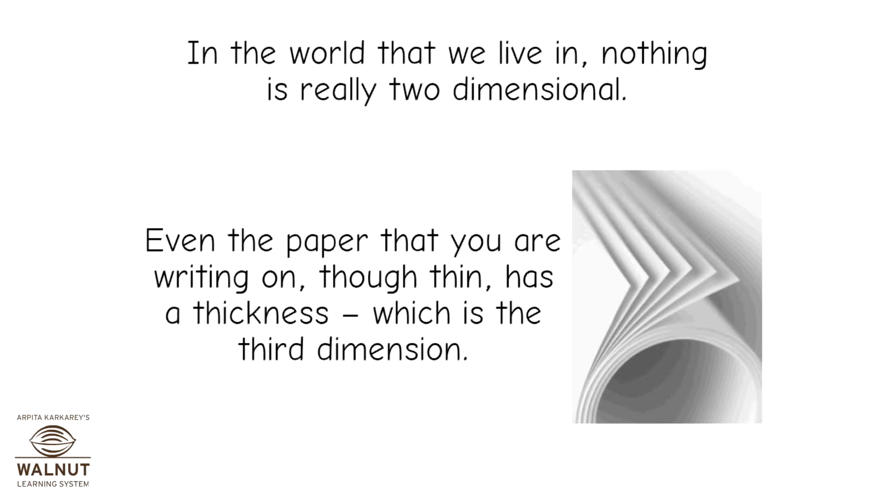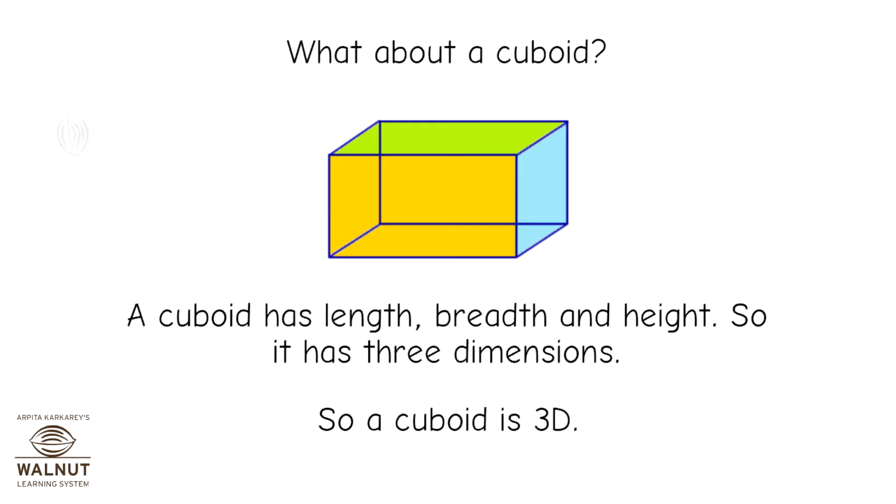In the world that we live in, nothing is really 2-dimensional. Even the paper that you are writing on, though thin, has a thickness which is the 3rd dimension. What about a cuboid? A cuboid has length, breadth and height. So, it has 3 dimensions.